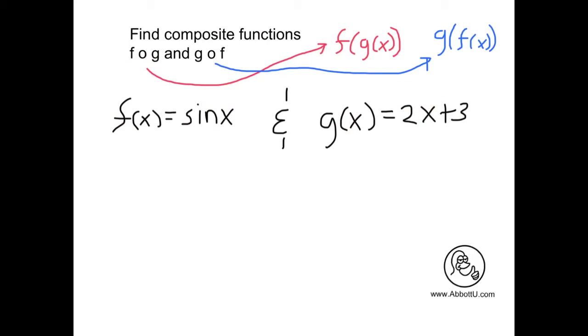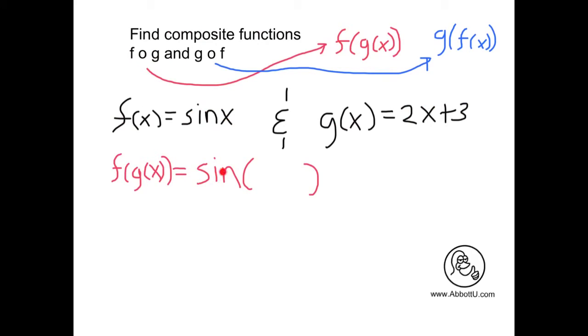So in case that doesn't make any sense at all, I am just going to draw that right now. If I want to know what f of g of x is, since f is the larger context, it's going to be sine of some value. It's the sine of some number.